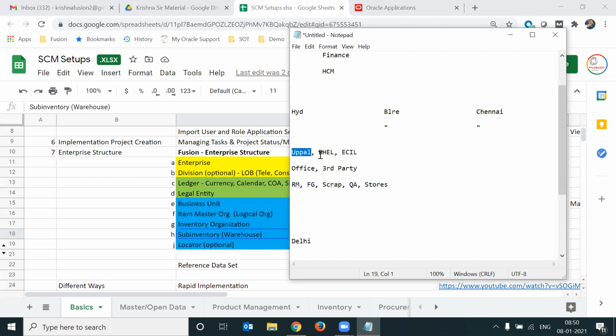Is that Uppal or BHL or ECL? In which warehouse it is having? That means ultimately the stock is going to be stored under warehouse itself. So that is the reason every inventory organization must be having a single sub inventory, because inventory is not going to hold the stock. The sub inventory which is under inventory is going to hold the stock.